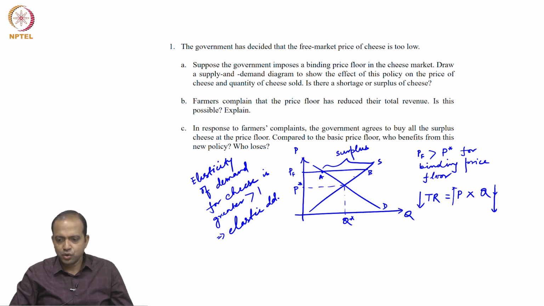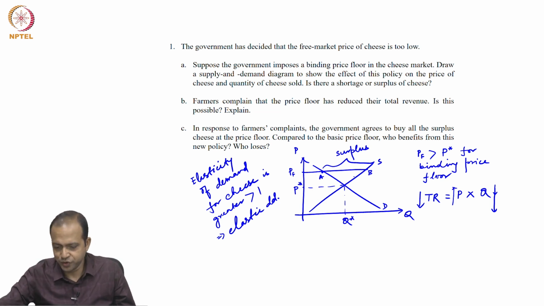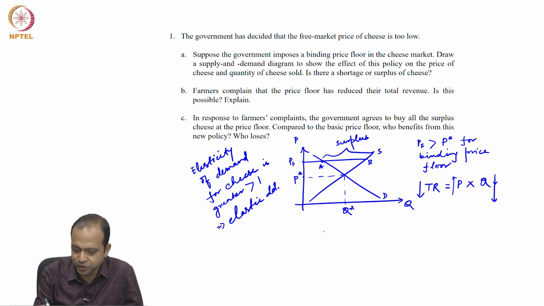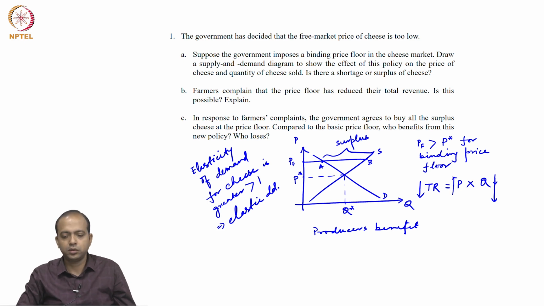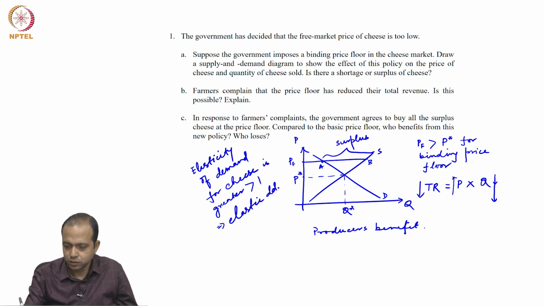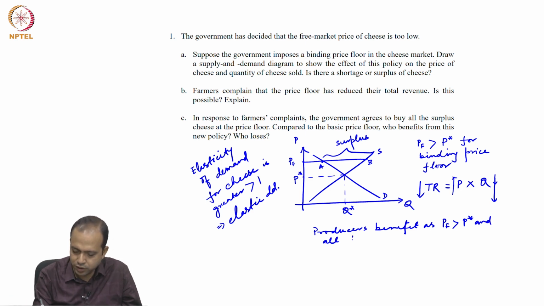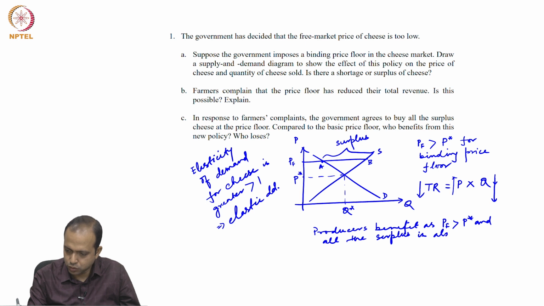So, producers benefit from this policy, because PF is greater than P star and all the surplus is also sold out.